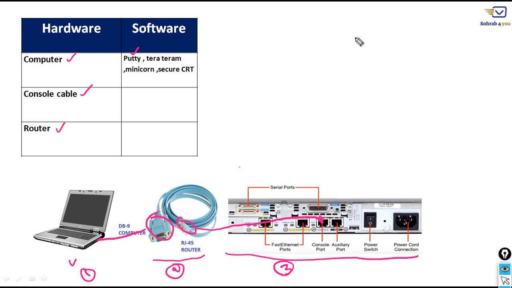If I draw the diagram, this is your computer, and you take the console cable. The DB9 end connects to your computer, and the RJ45 connector goes to the console port of your router. So now you have physically done this.